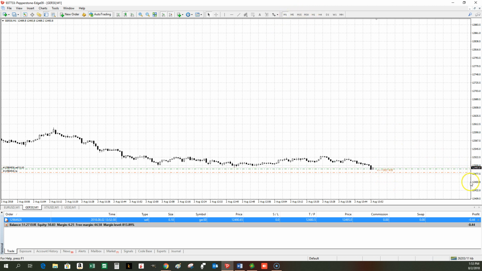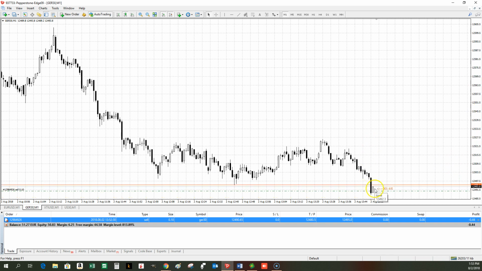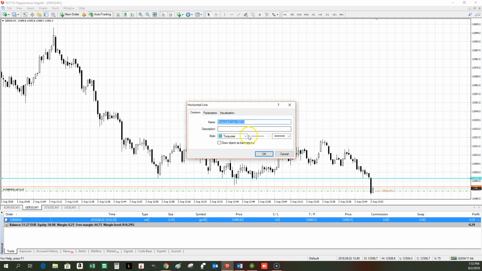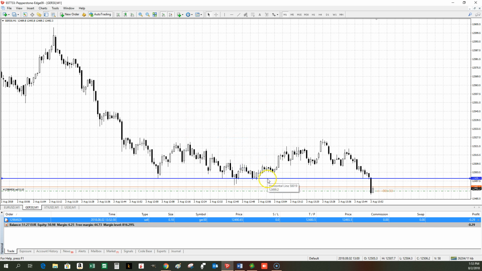Let's go back to the Germany. You see, it's going up, and we have a resistance at this level. Here's the resistance of the level.